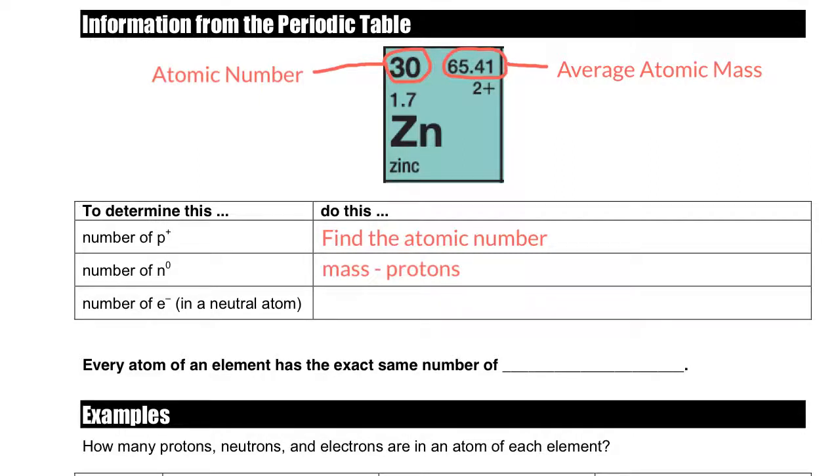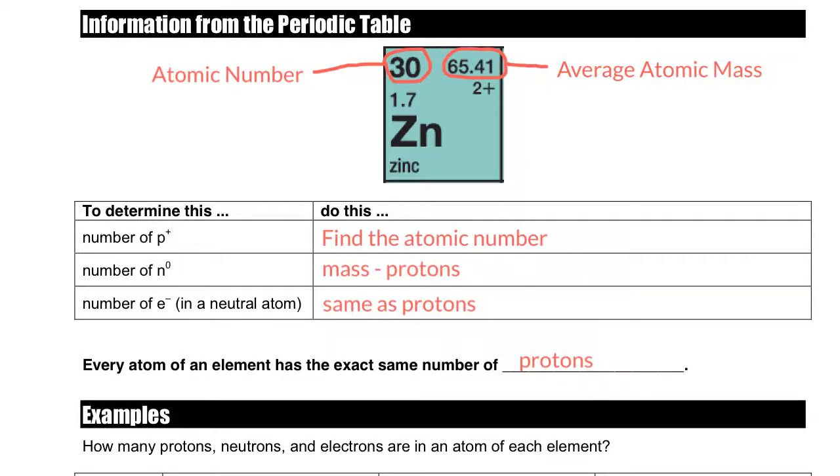And since the mass of an atom is the sum of the protons and neutrons, to find the number of neutrons, you just subtract the protons from the mass. And if the atom has an overall neutral charge, then the number of electrons has to be the same as the number of protons, because protons are positively charged and electrons are negatively charged. So those charges have to balance each other out.